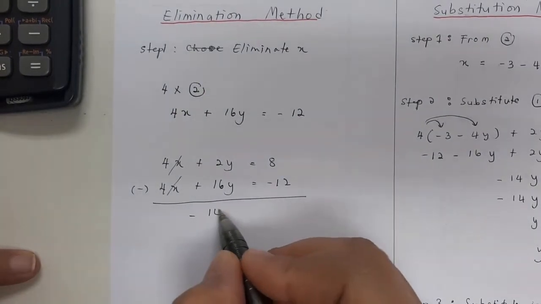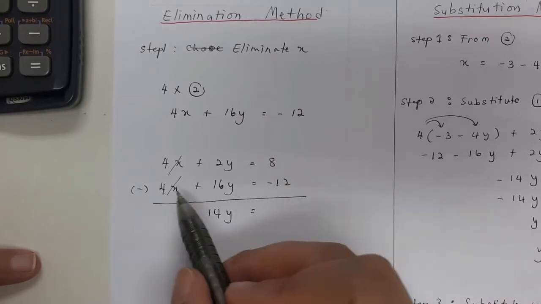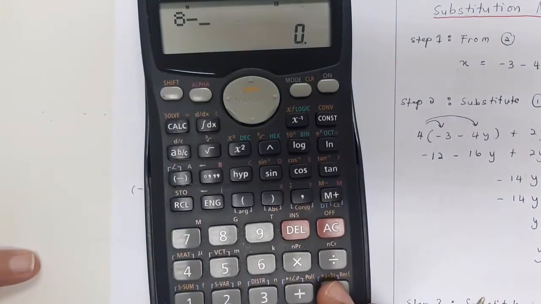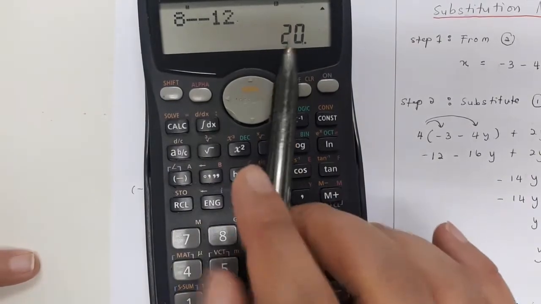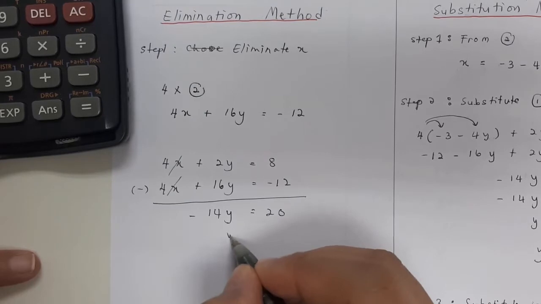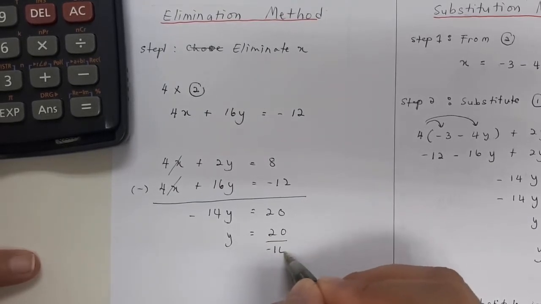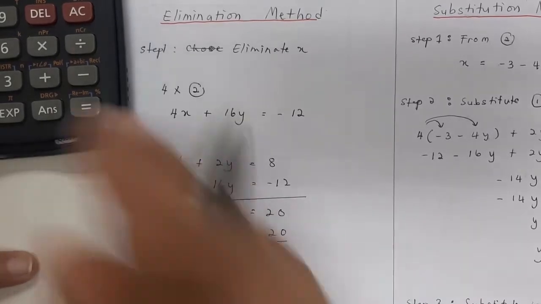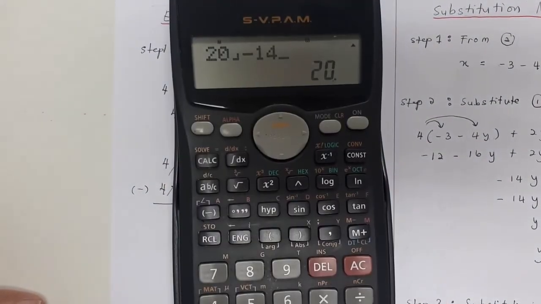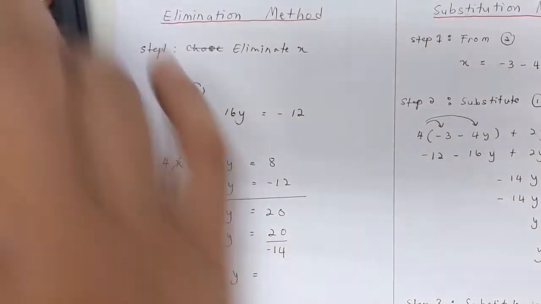So negative 14y equal 8 minus negative 12. 8 minus negative 12 equal 20. So y equal 20 over negative 14. 20 over negative 14 is also equal to negative 10 over 7.